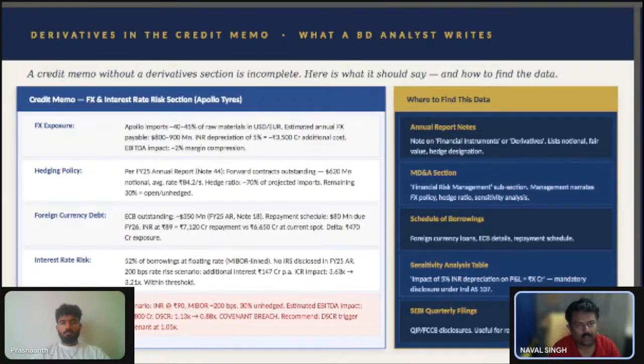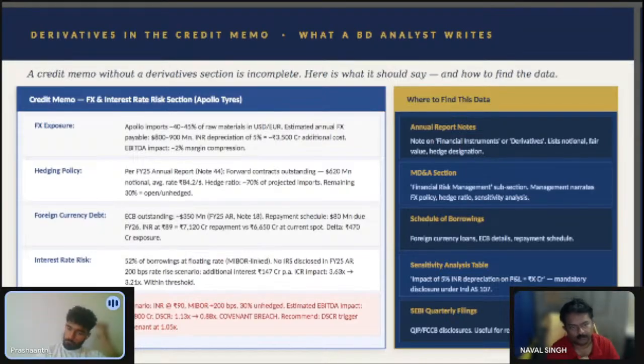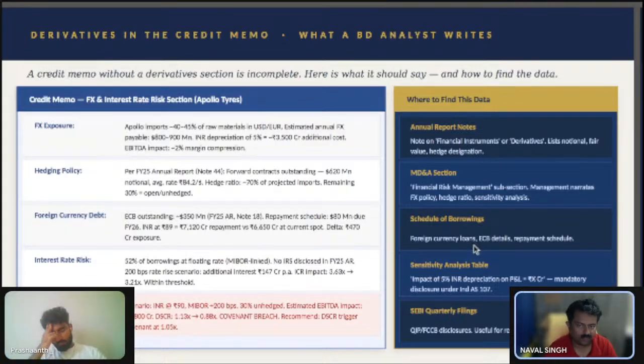And then we look at what are the different risks the companies carry in terms of their costs. So it comes from annual report notes, the MD&A section, which is management discussion and analysis. They have a schedule of borrowing. Sometimes they attach it here, or you can ask for a copy of this from their CFO. Sensitivity, this is what you have to do. You cannot take their analysis on sensitivity because they'll always try to show that all the risks are covered.